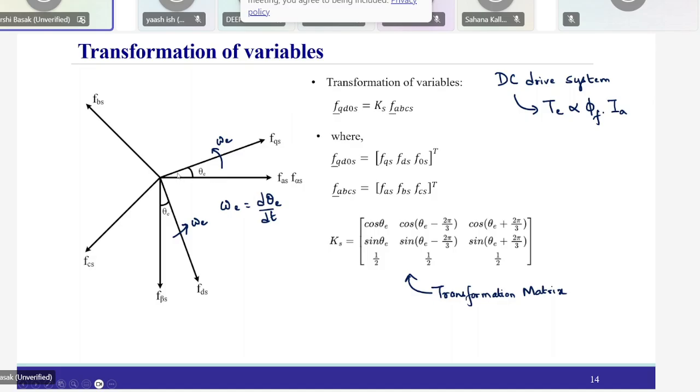You can derive this by doing some trigonometric expressions. It is not a very big thing, but you can do it.